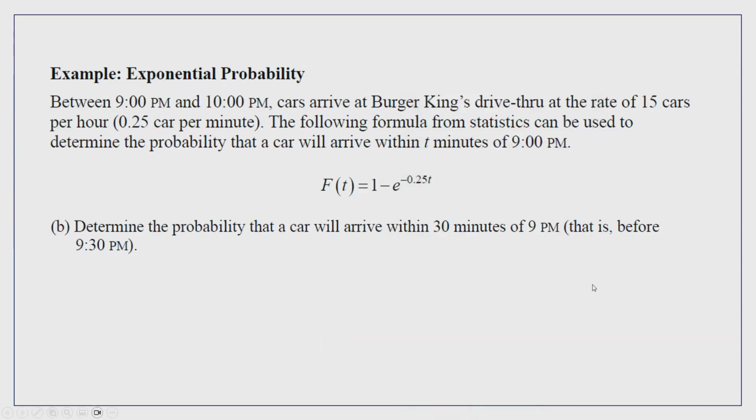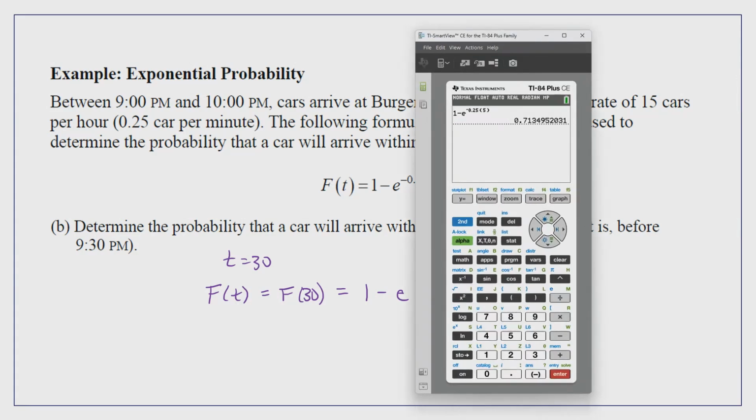Now we want to determine the probability that a car will arrive within 30 minutes of 9 p.m. So now t equals 30. So we're going to evaluate our formula when t equals 30. So we'll substitute in 30 into our formula, and then we will use our calculator to evaluate.